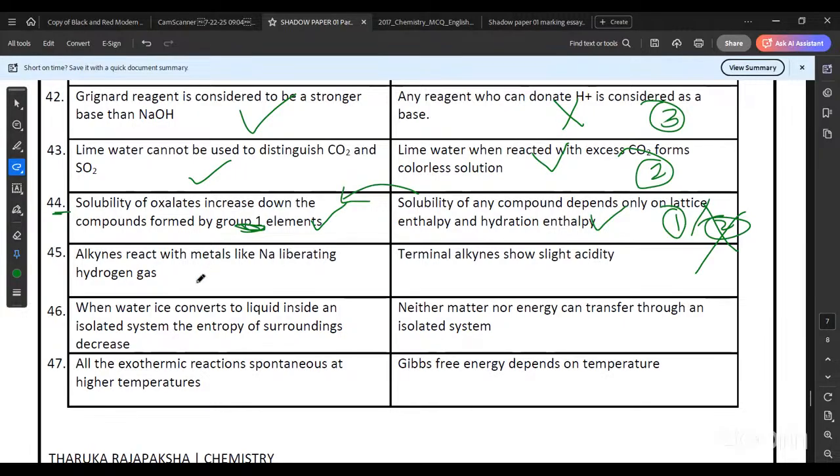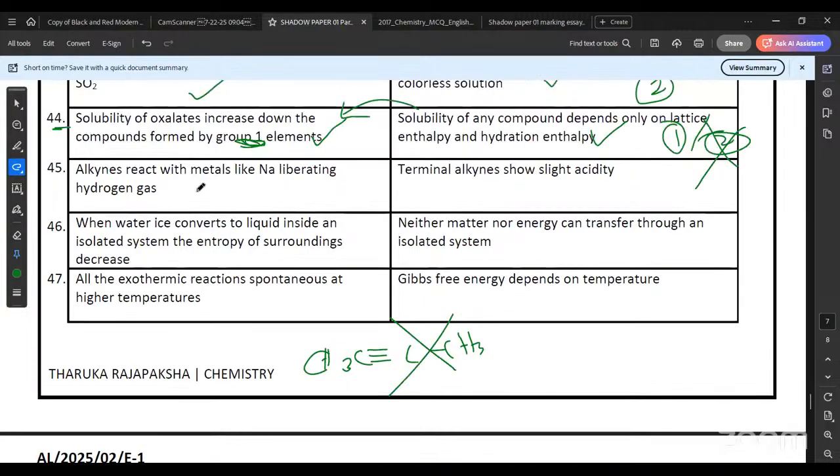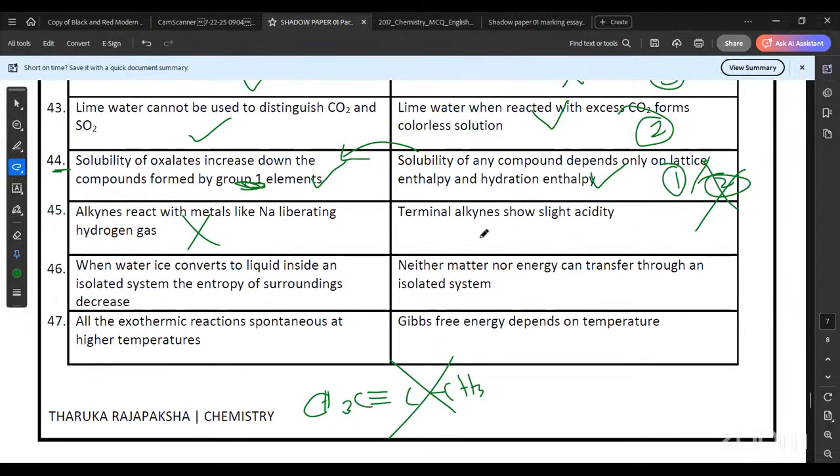Why? Only terminal alkynes react. Does this one react, CH3, C triple bond C, CH3? No, not all alkynes. Wrong. Terminal alkynes show acidity. That is correct answer number 4.